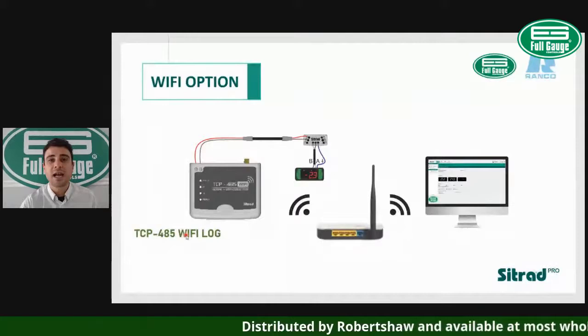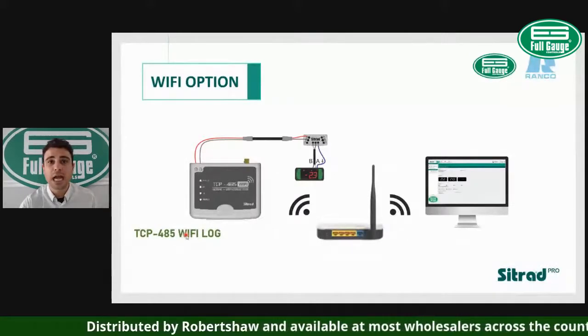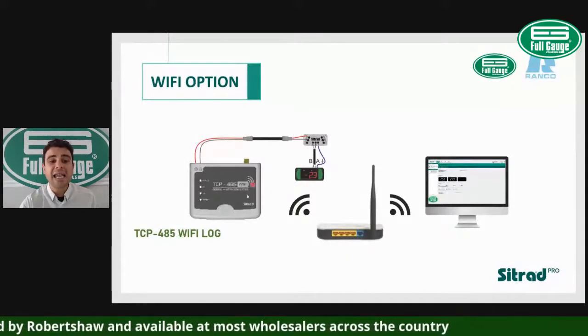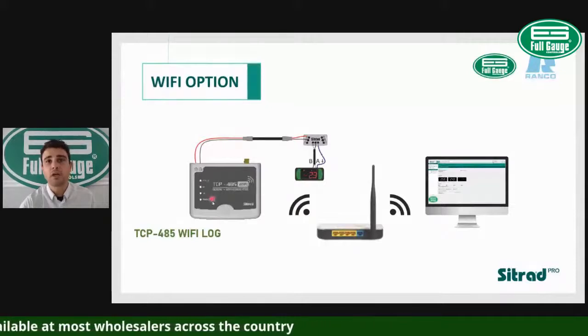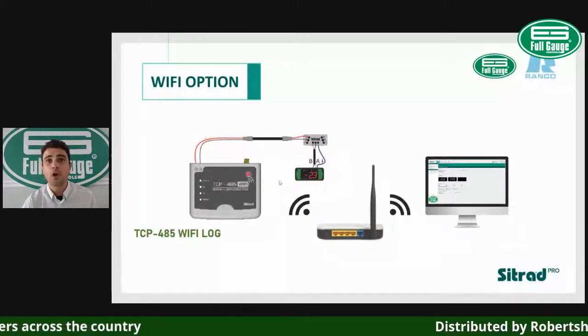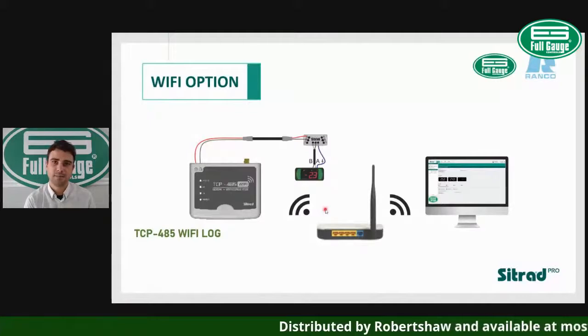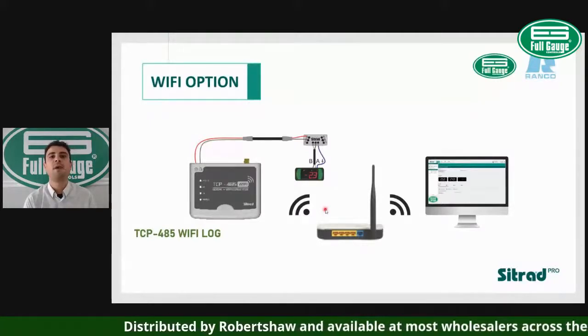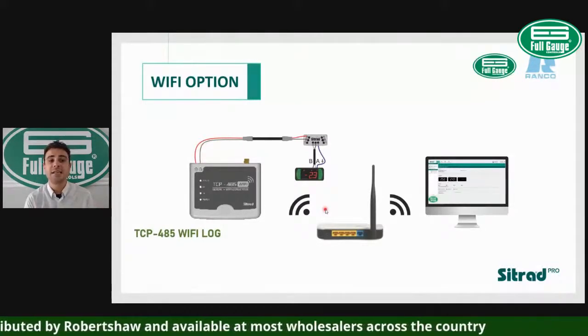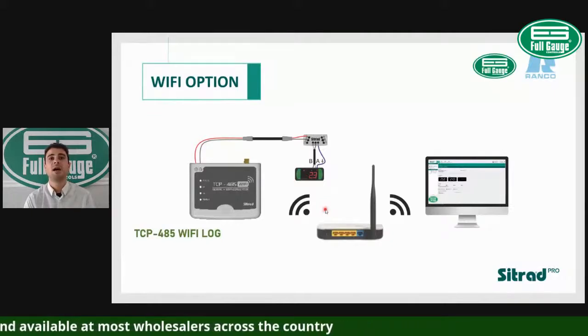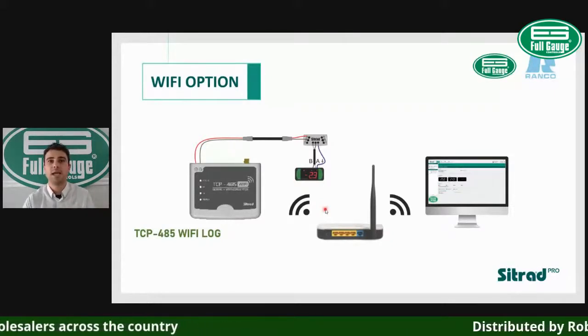By having an internal IP address on the interface, I can now host the CTRAD software either on-site or off-site. If I'm hosting off-site, the TCP becomes another device within my network.